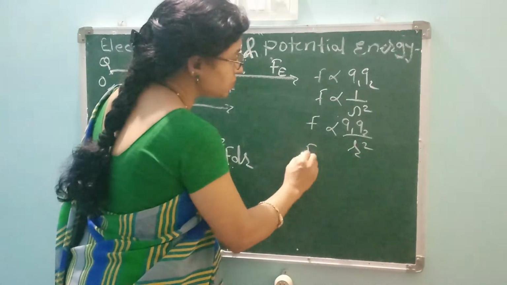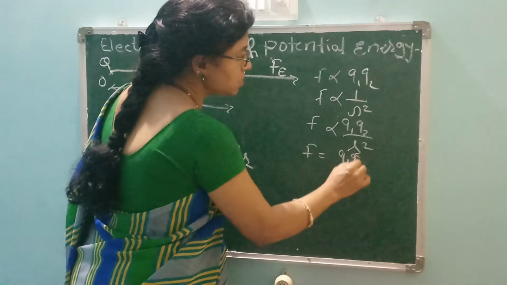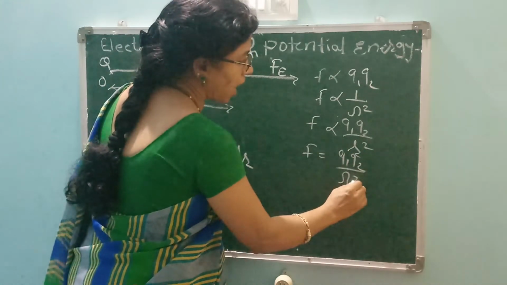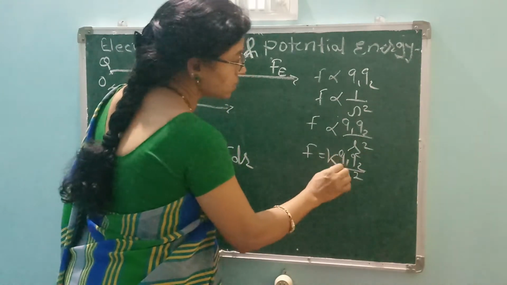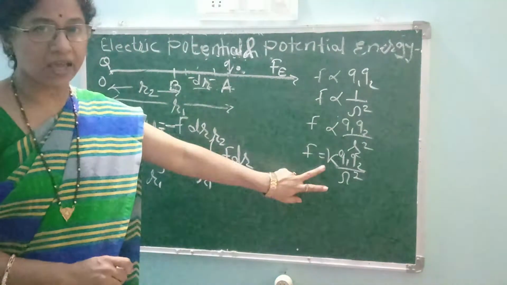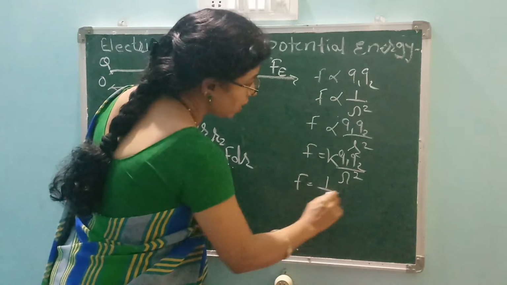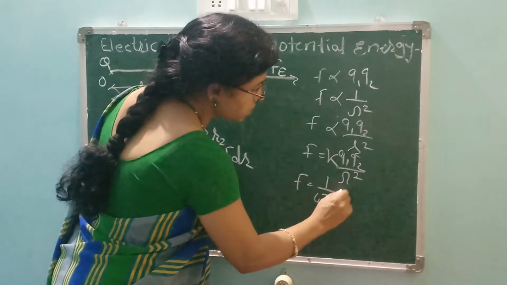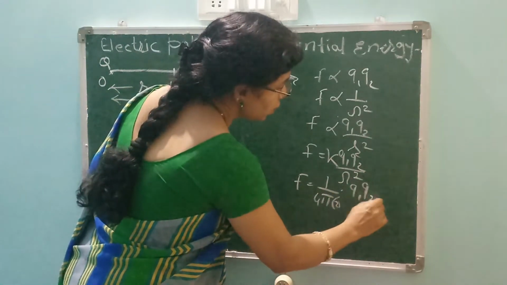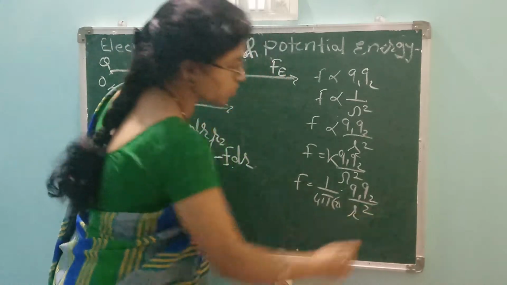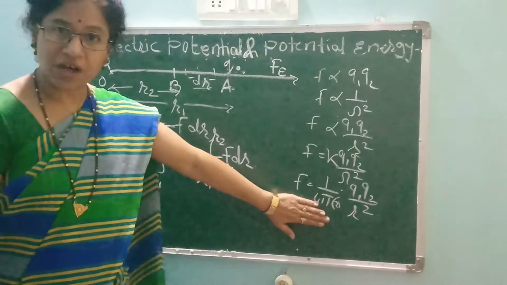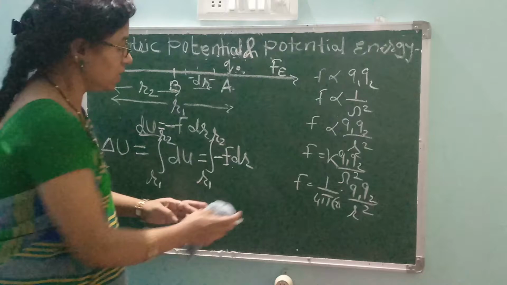If we remove the proportionality, we get the proportionality constant k, and we know that F is equal to 1 upon 4 pi epsilon 0, q1 q2 upon r square. This is the force which we are taking.